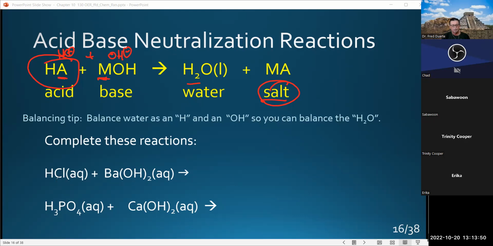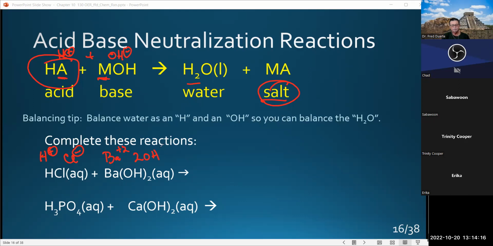Okay. So what I would do here in the beginning to get comfortable with it is break them into the ions. Okay. We have hydrogen and we're going to get the chloride when we put HCl in solution. Now we also know that barium hydroxide will produce the barium 2+ ion and 2 hydroxides.